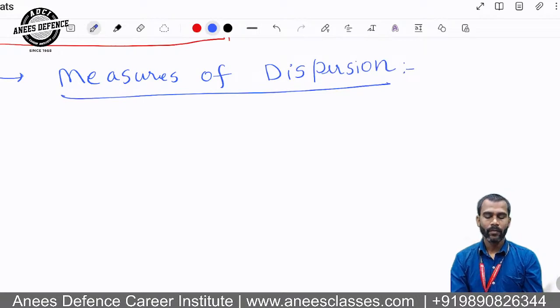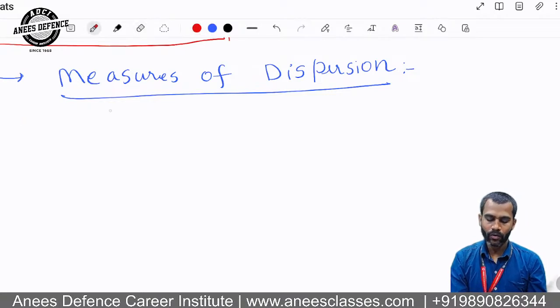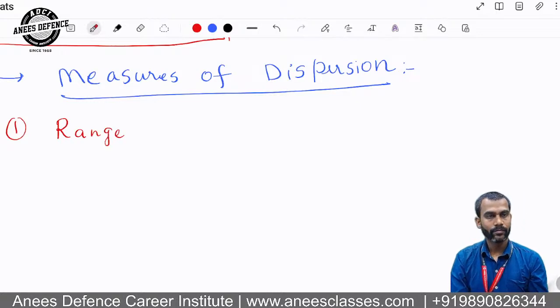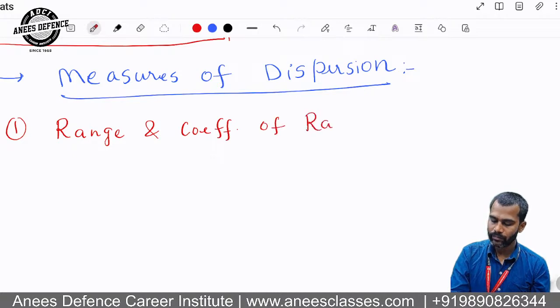Yes or no? Now, what we are going to cover in this particular section, the first one, range. Just write the contents first. Number 1, range and coefficient of range.